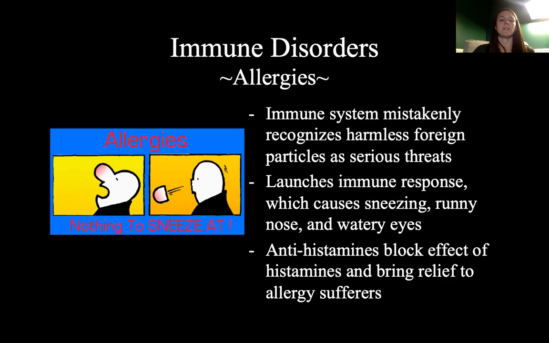It causes sneezing, runny nose, watery eyes. And you can block it by taking antihistamines. So remember, histamines were the things that our cells released to rush blood to the surface and launch that attack. If you take antihistamines, that should bring some relief, because what's causing this immune response isn't actually dangerous. So we don't actually need the immune response.